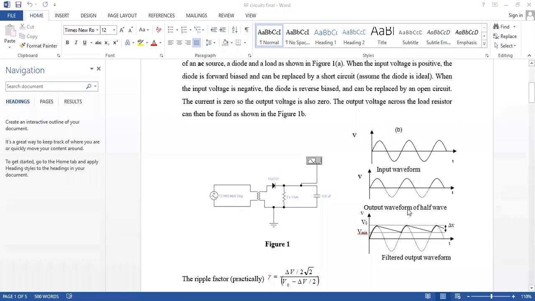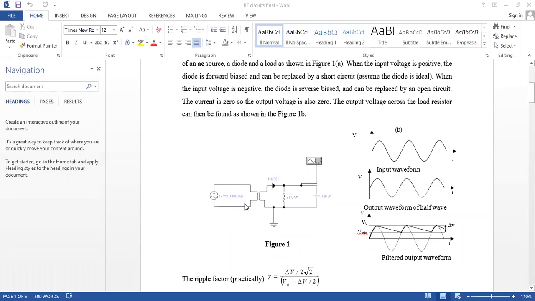The transformer will convert the voltage value, and for a laptop or mobile phone, the maximum supply voltage of 12 or 5 volts, it will convert. So why do we use a transformer here? To convert the voltage level.